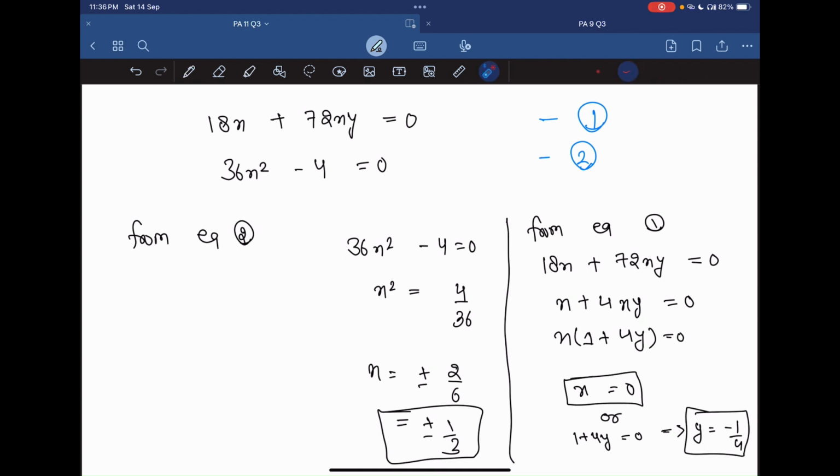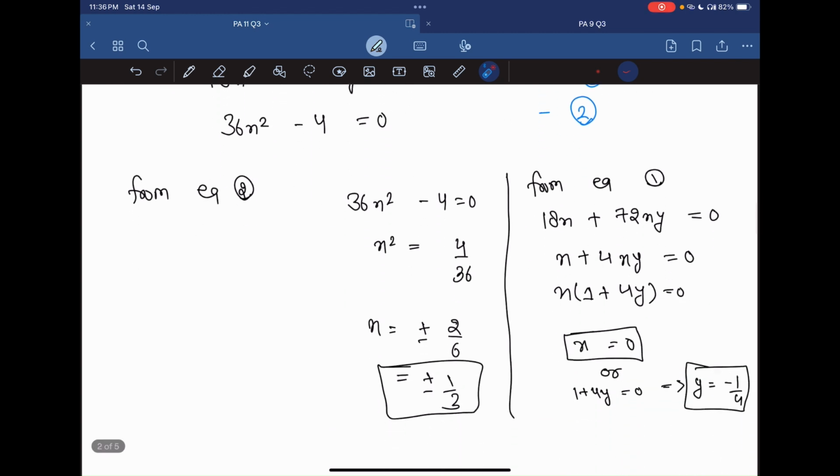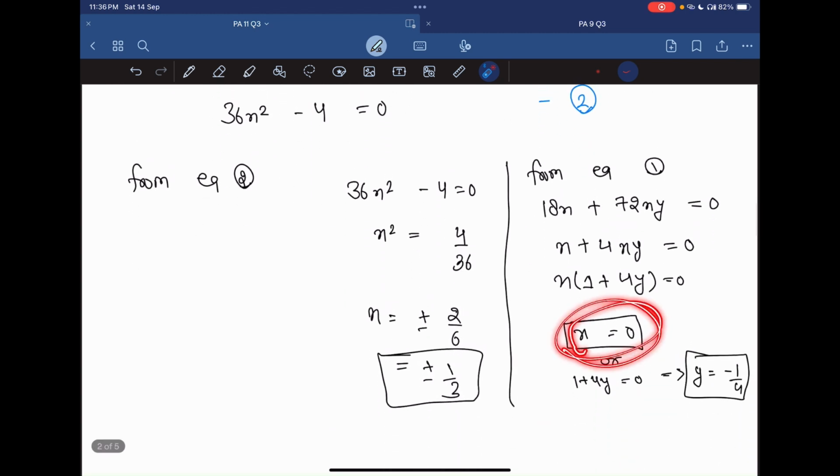Now one thing, for the critical point, both these equations should be satisfied simultaneously. So if x would be 0 here, then the second equation would not be satisfied because the roots of the second equation are plus minus 1 by 3. So that means here x value cannot be 0.